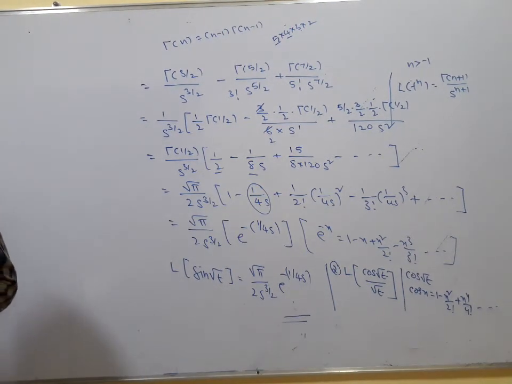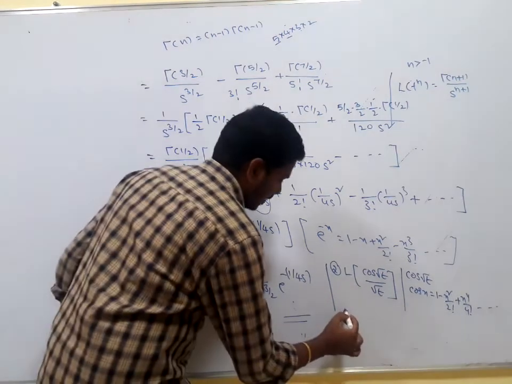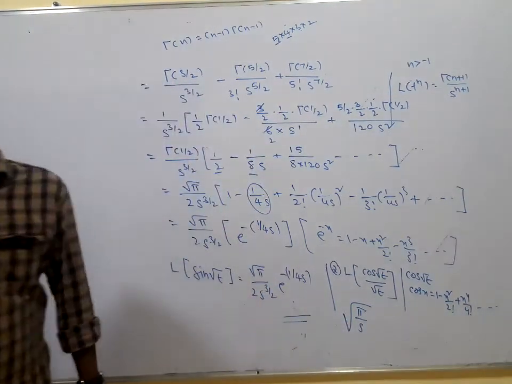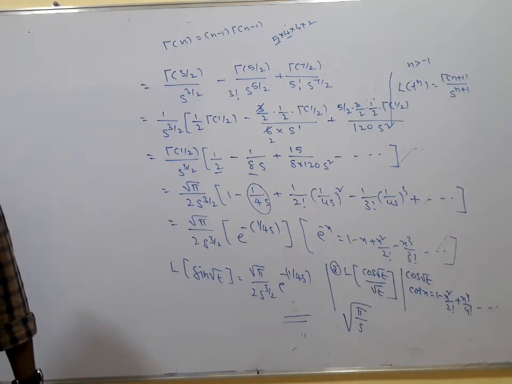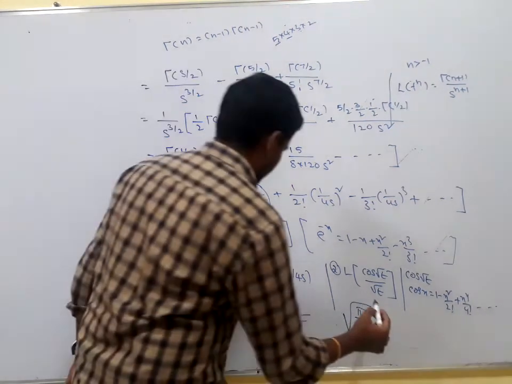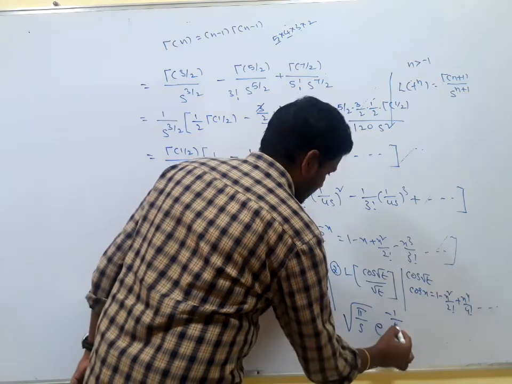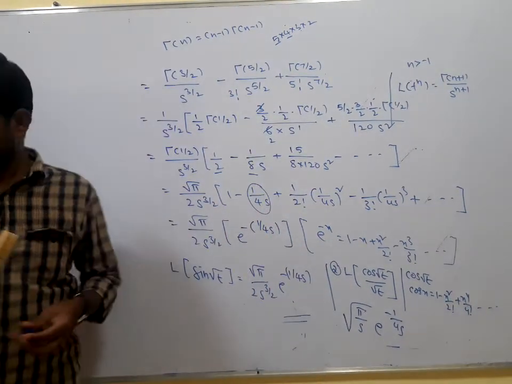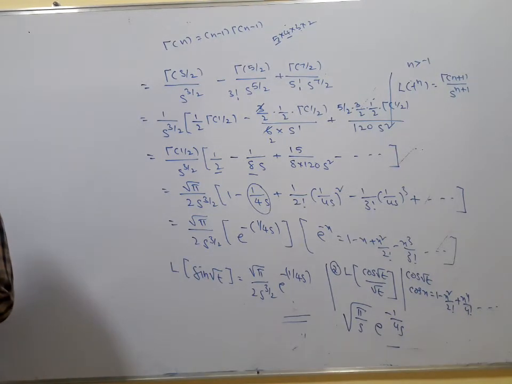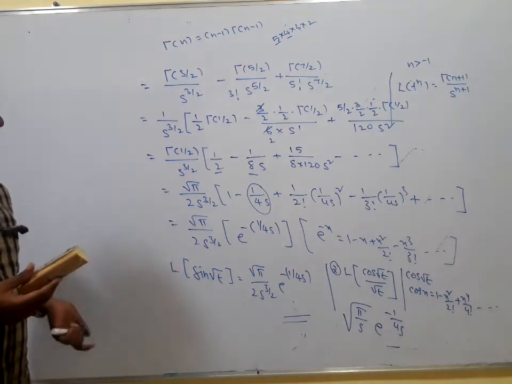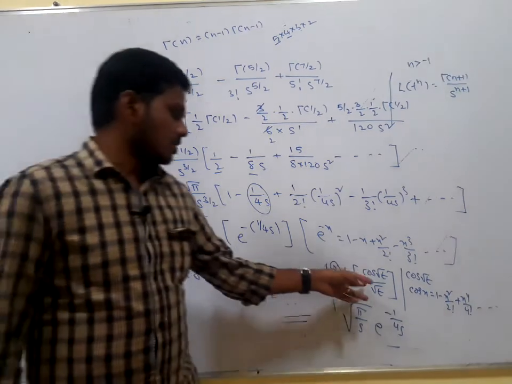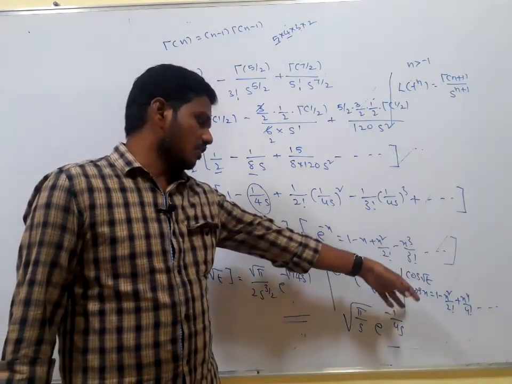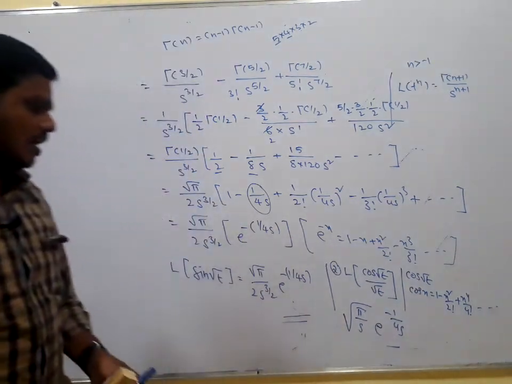Yes, the answer is root pi by s into e to the power of minus 1 by 4s. Here the expansion is same, but the coefficient is different. Right. These are the two problems. Cos x expansion is this. Here cos root t divided by root t, you can write it as 1 by root t into cos root t. Then simplifying it, you will get the answer.